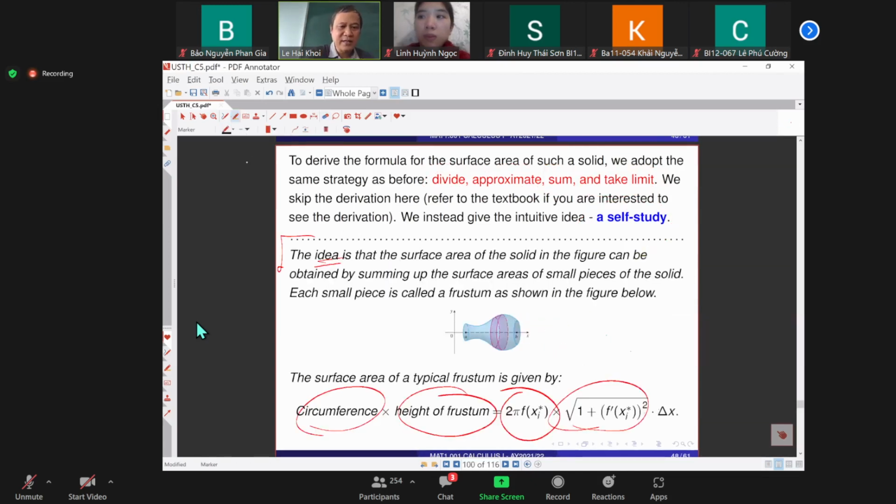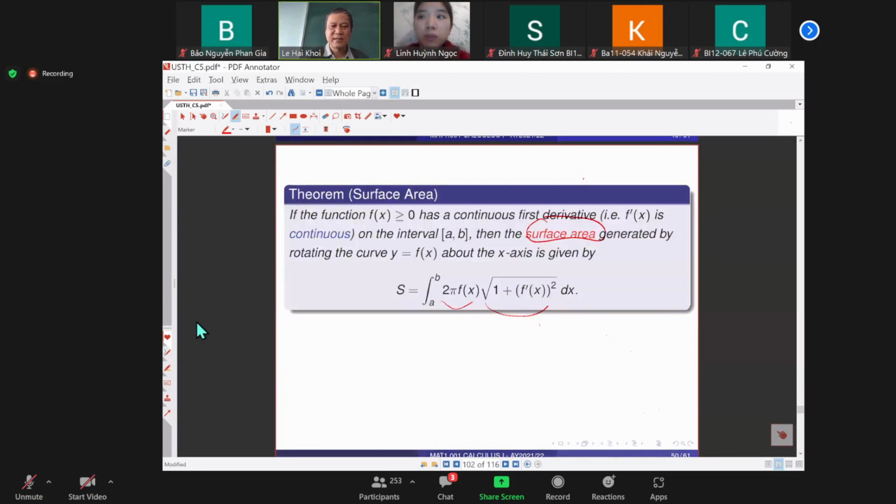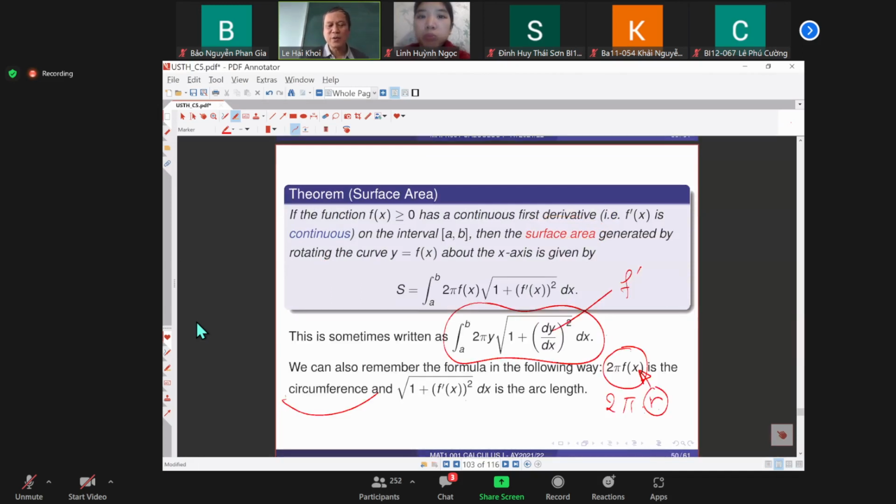And very easy, the radius here, because y is f(x) here, then this part is f(x). So you have this circumference, right? And this one is the arc length. We already talked about it from the beginning of today's lecture. Then it works. Remember only that.